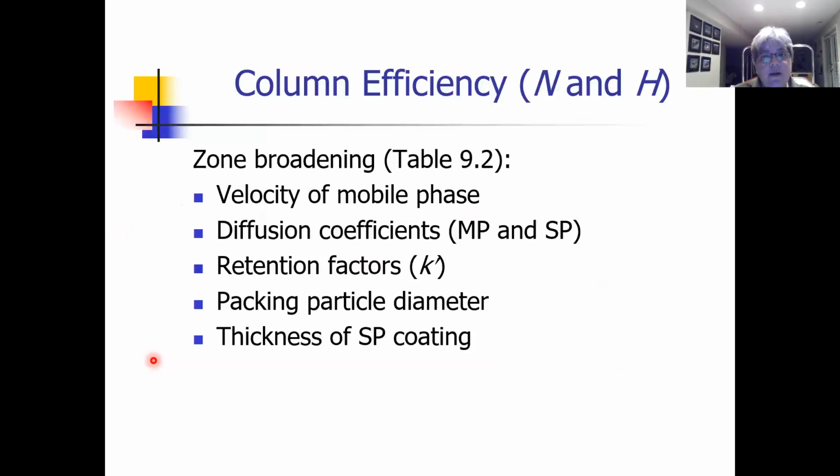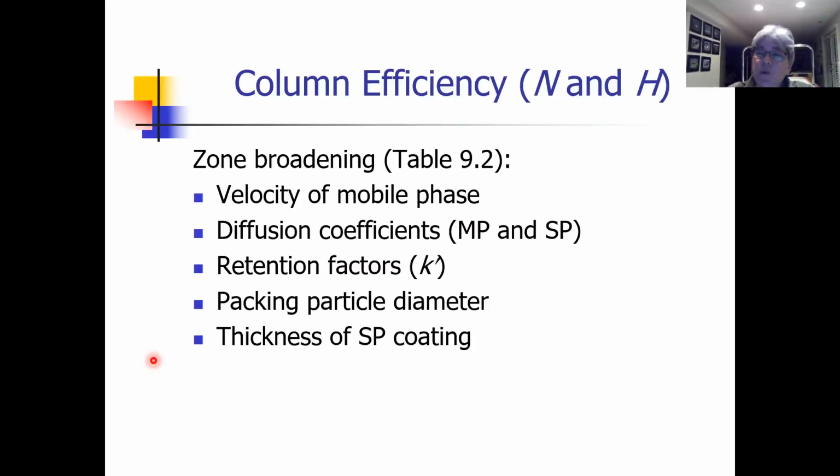Okay, so let's start off by just reviewing quickly. Remember in chapter 9, we said for a good separation, we want, it's on the quiz, good resolution and a short time.